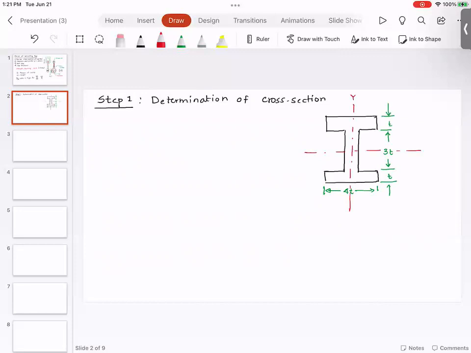Looking at the proportions, value of Ixx is equal to 4 times value of Iyy.